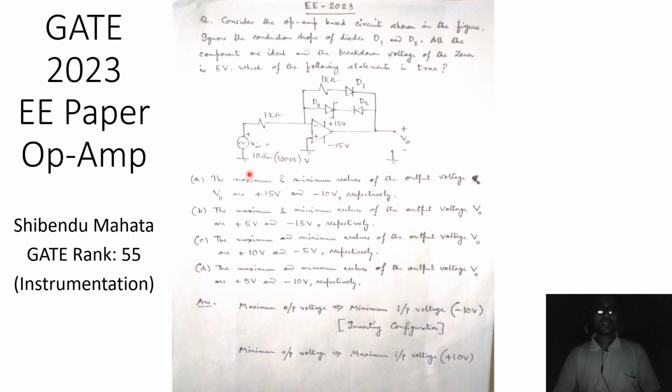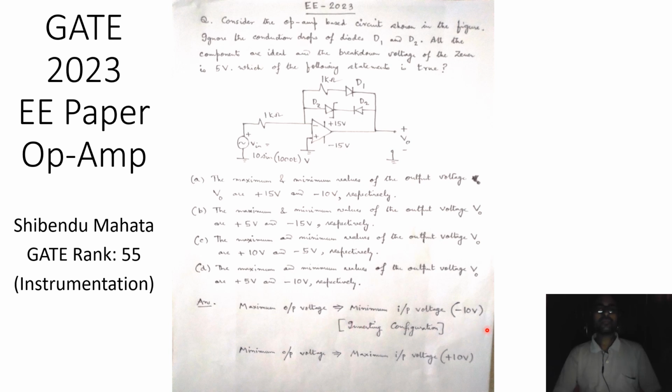Now the input given is 10 sine of some value. So the maximum value for the input voltage is plus 10 volt and the minimum value is minus 10 volt. Therefore, for the maximum output voltage, we are looking at an input voltage of minus 10 volt.